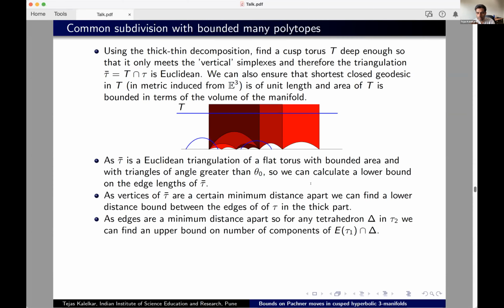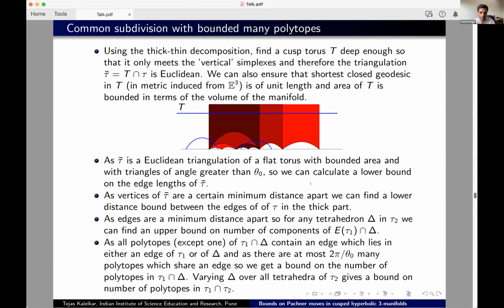Because the edges of tau 1 are some minimum distance apart, if you look at the components of the edges of tau 1 intersection delta, for each such component you choose one point and choose a small enough neighborhood so that you get balls which are all disjoint. Because we've got some minimum distance between the edges of tau 1, we can choose a small enough radius and obtain all these disjoint balls in this delta.